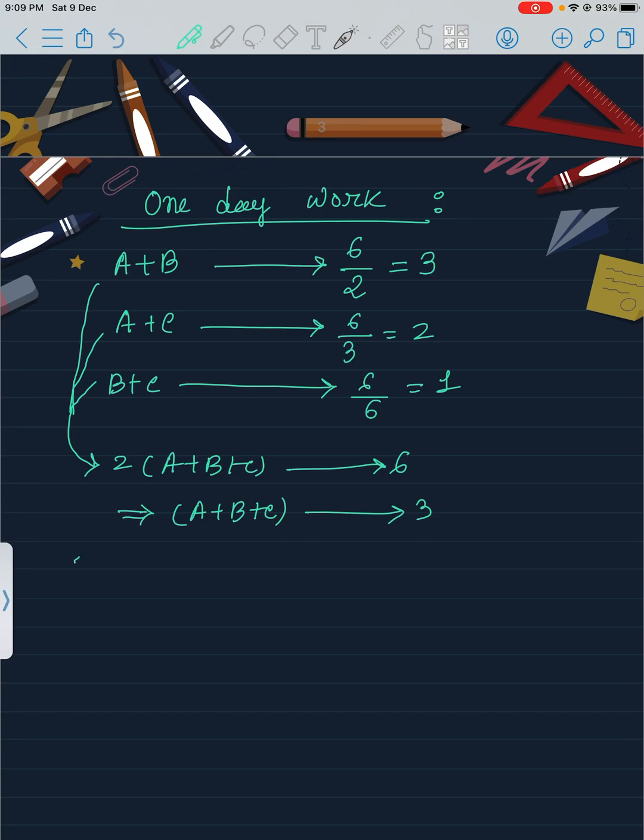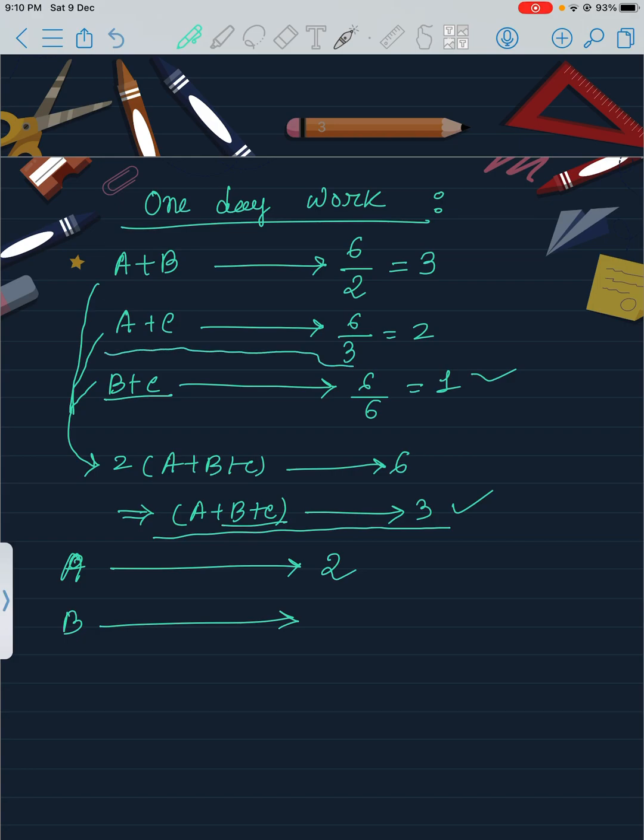So one day work of A: take this A plus B plus C and subtract B plus C. So A's one day work is 3 minus 1, so B plus C cancels out, which gives 2. B's one day work, find it this way: A plus B plus C is 3, so subtract the A plus C equation from it. 3 minus 2 is 1.